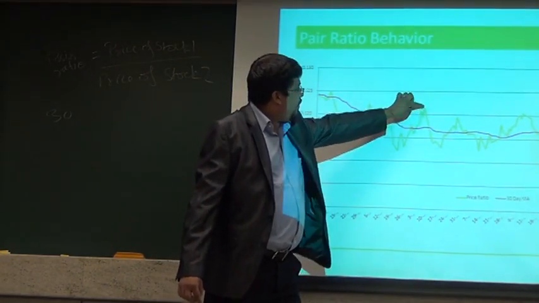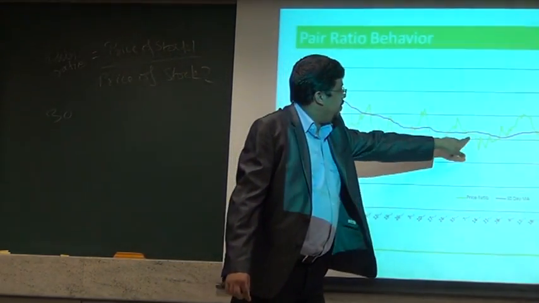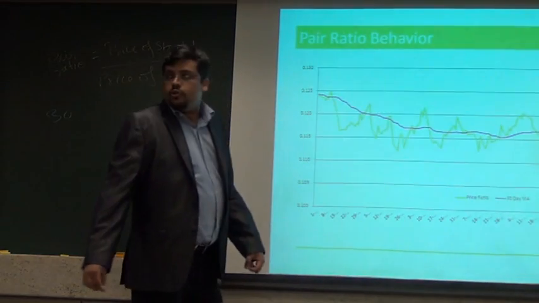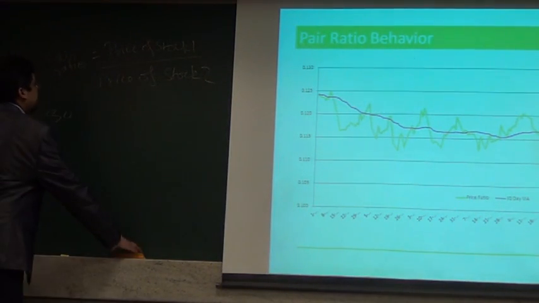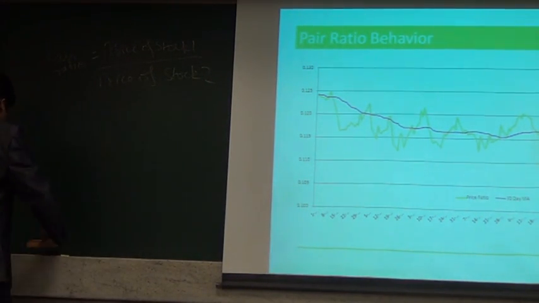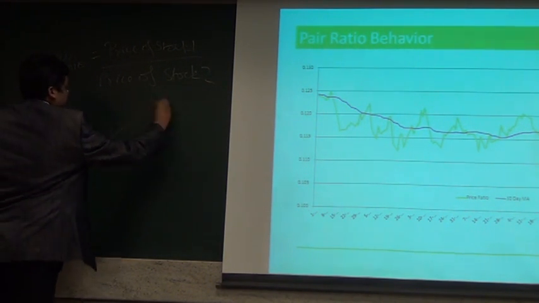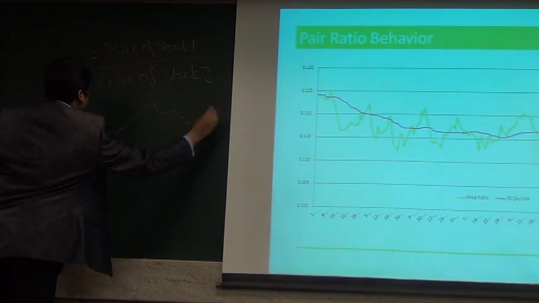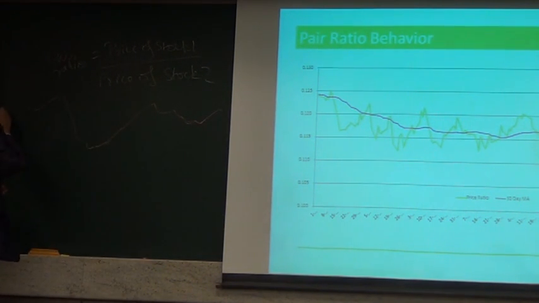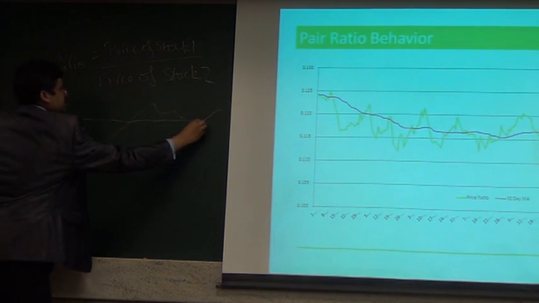At this point of time it went up, came back, went up, came back, went up, came back. So our whole idea would be here to look at scenarios something like this. Say I take the pair to move something like this. So this is my mean.